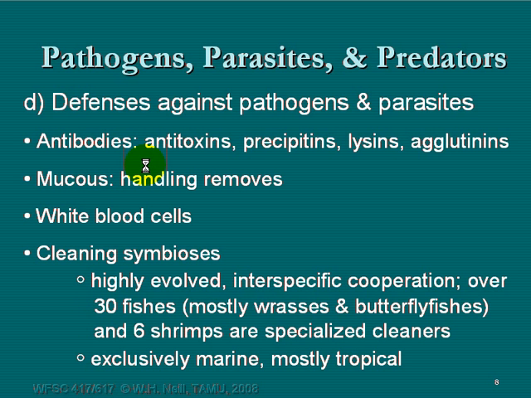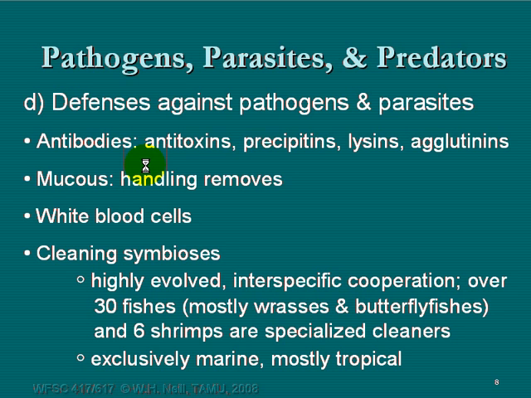Mucus is kind of a special defense that fishes have that we don't think much about as mammals. We've got mucus, but it's usually not covering our entire skin surfaces. But in the case of fish, that's sort of the first barrier against attack by all kinds of things. It's also important, as we've already considered, in terms of osmotic issues.